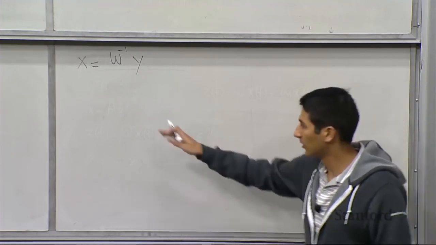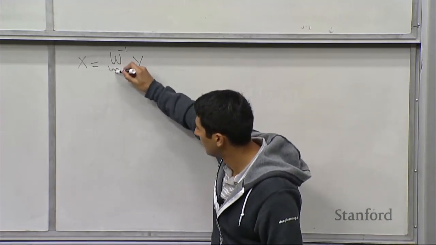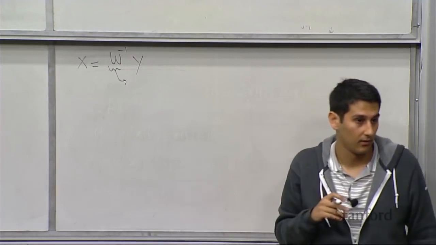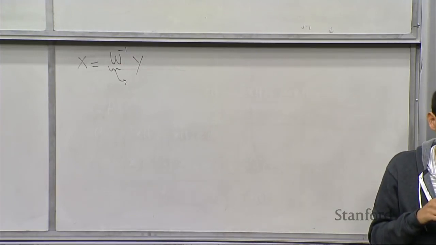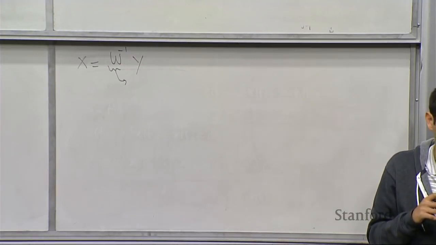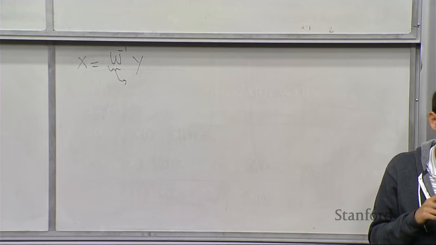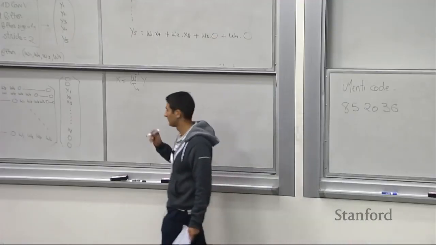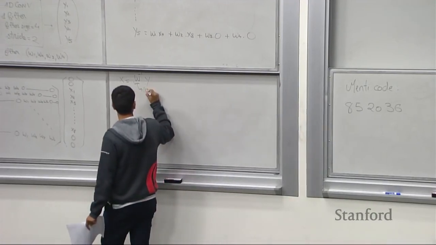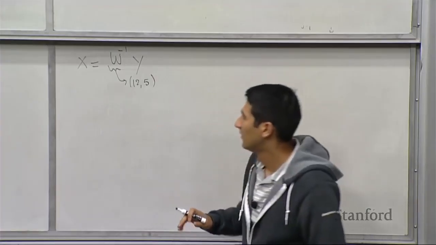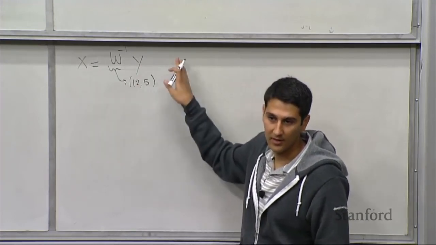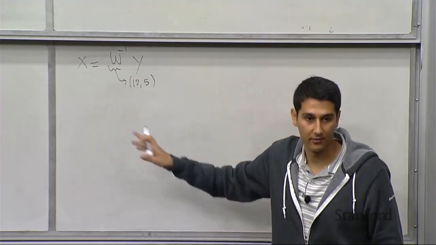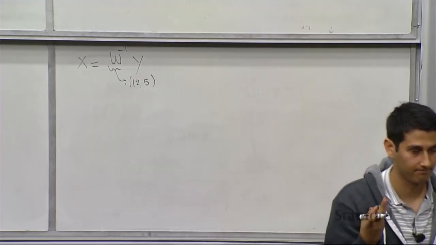And in fact, what's the shape of this new matrix? 12 by 5. Yes, 12 by 5. We have 12 by 1 on one side, 5 by 1 on the other. It has to be 12 by 5. So it's flipped compared to W.